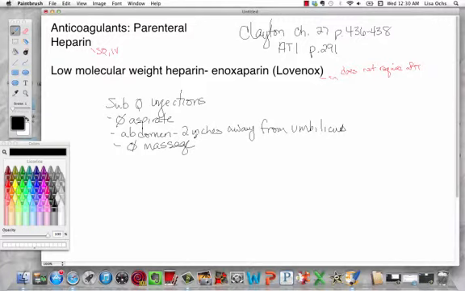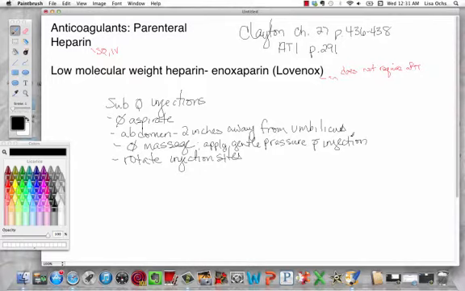Rotate injection sites. No massage, but apply gentle pressure after the injection, to prevent bleeding. Remember, P means after.